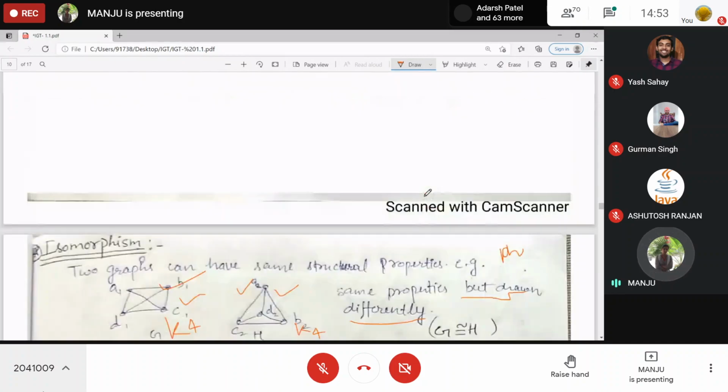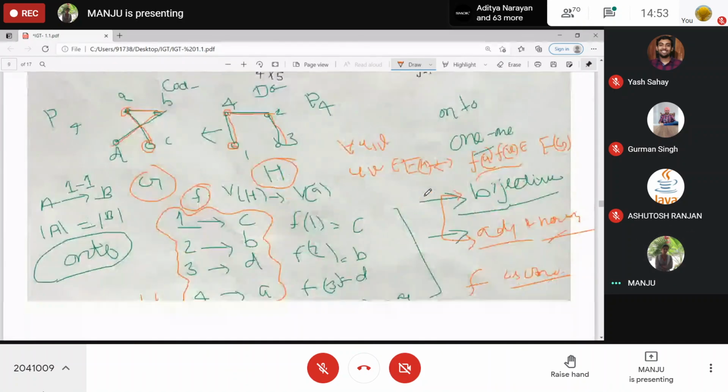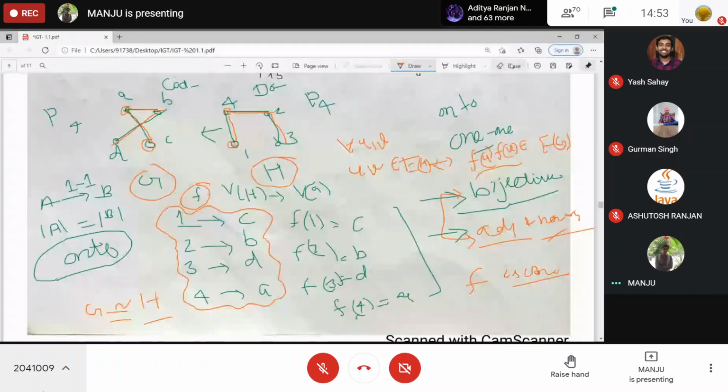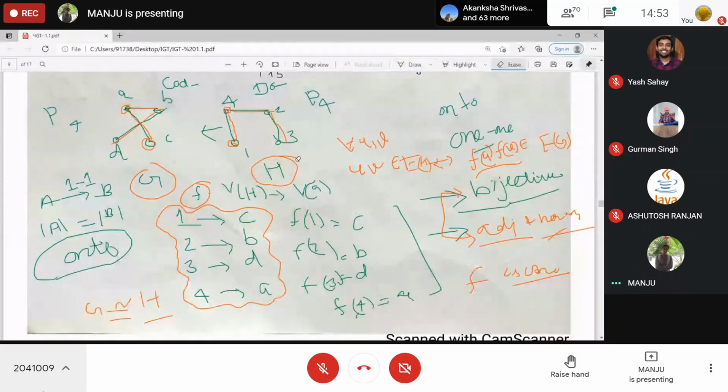Can you give me one more isomorphism? One is this one. Any other isomorphism? Ma'am, one corresponds to D. One is going to D. Yes.